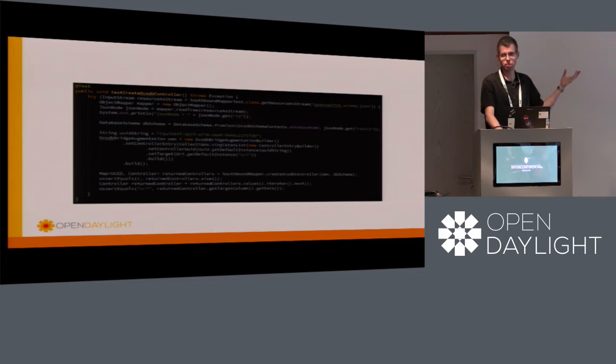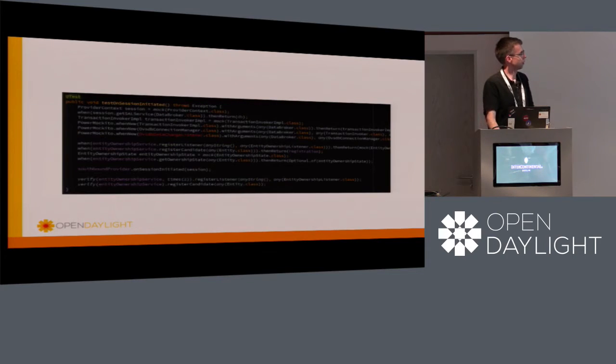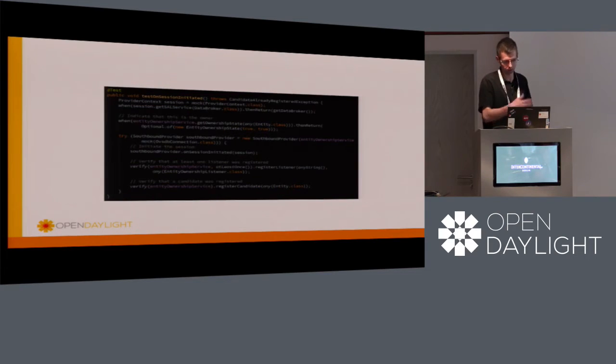So the test doesn't actually mean anything. And if you rewrite it using the actual test MD-SAL, it's much better, easier to write for a start and more meaningful. I won't go into too much detail because it's quite complex, but if you're interested in that, come and talk to me.